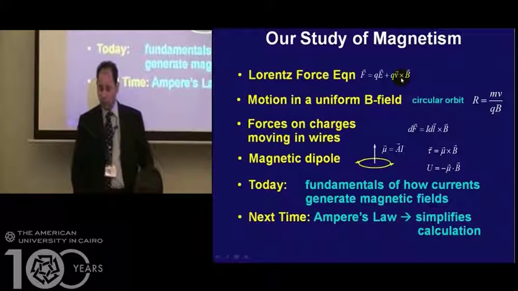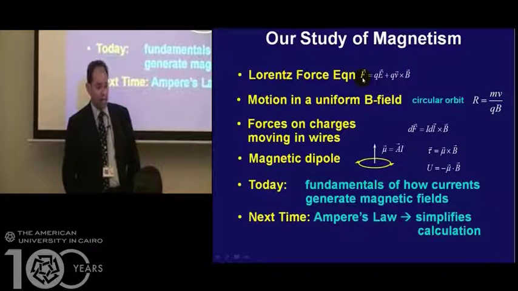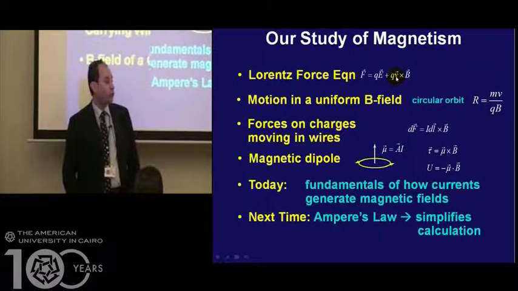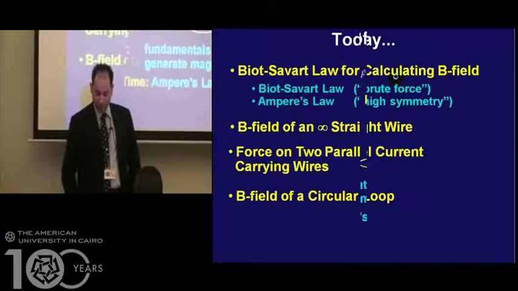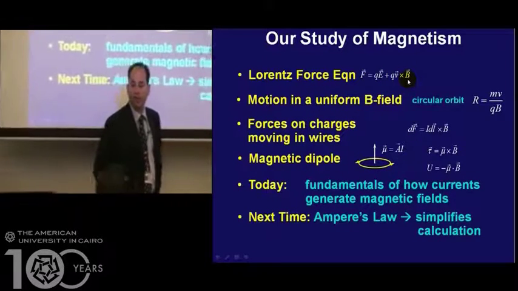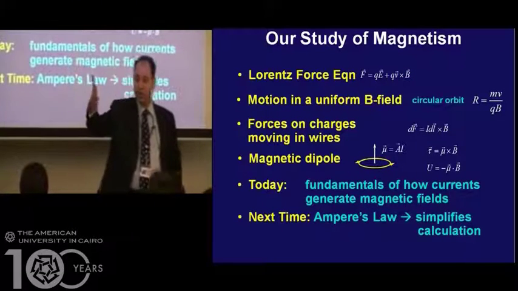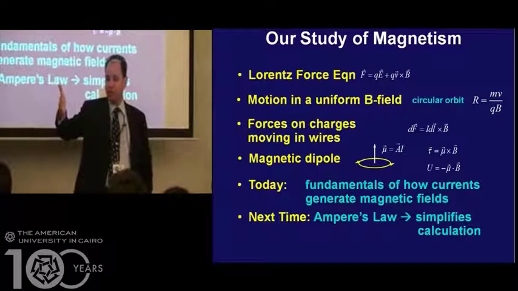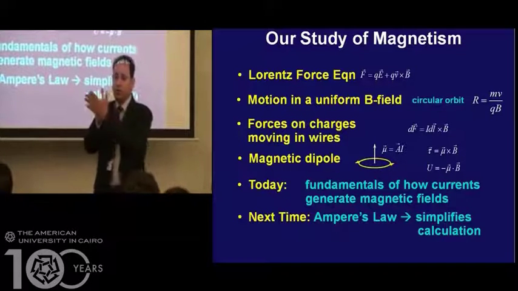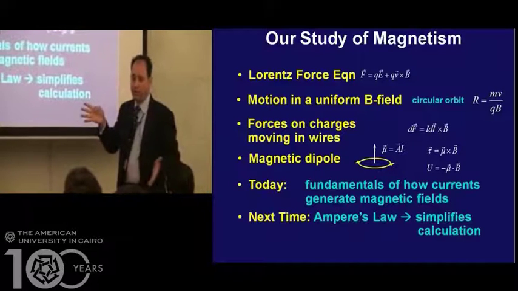And that cross product ensures that the force, the direction of the motion of that particle, and the magnetic field, the three of them are perpendicular to each other, and that's the right-hand rule, the way we have applied it in class. We said that those fingers will look like the field to us.